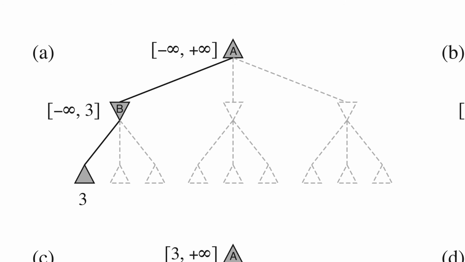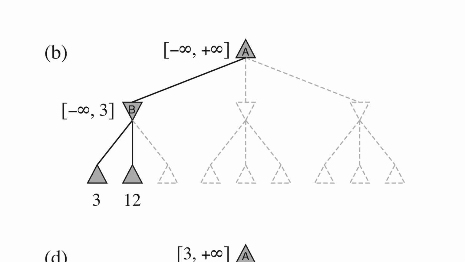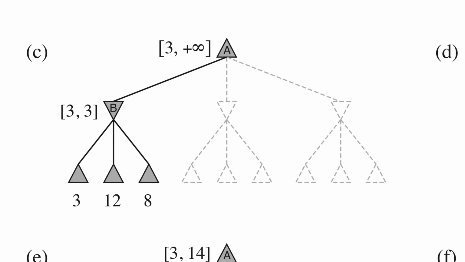Okay, and then as we continue searching, we're going to look at the next sibling of that state that gives us score 3. So it's 12, and that doesn't change our values, right? It doesn't change the 3 because 3 is smaller than 12, and then similarly 8 doesn't change the value.